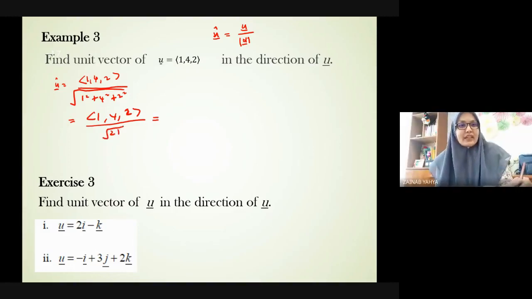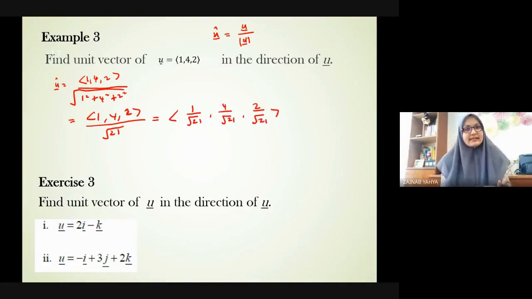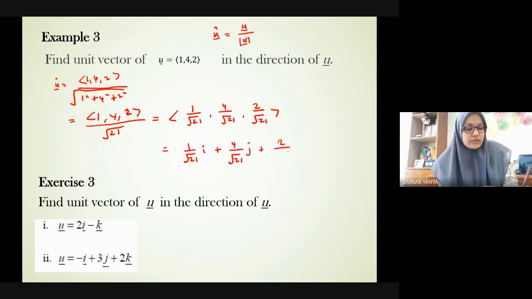So you have to separate it: 1 over square root 21, 4 over square root 21, 2 over square root 21. You can leave it in component form like this, or you can write it in ijk form: 1 over square root 21 i plus 4 over square root 21 j plus 2 over square root 21 k.